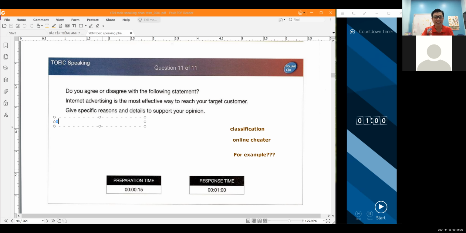The first phrase, for example: in my opinion, I disagree with this idea, this statement. You can stop here. And you can use, there are two reasons for it. Remember? And then first.